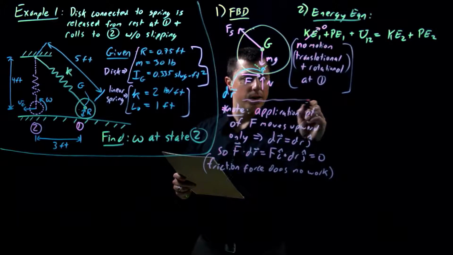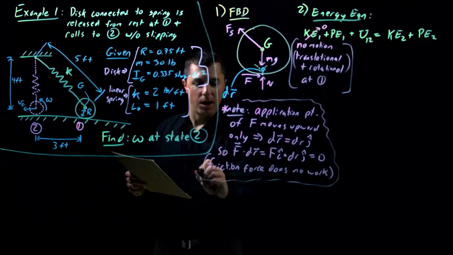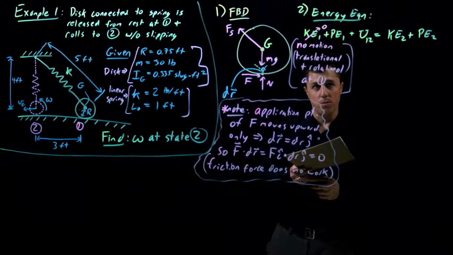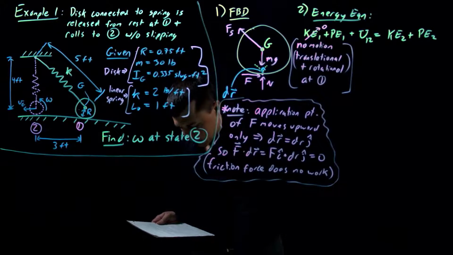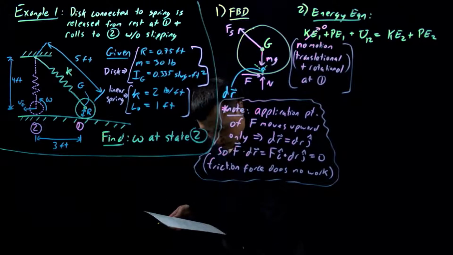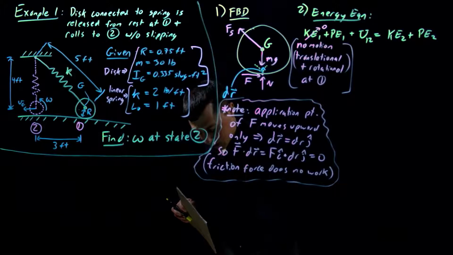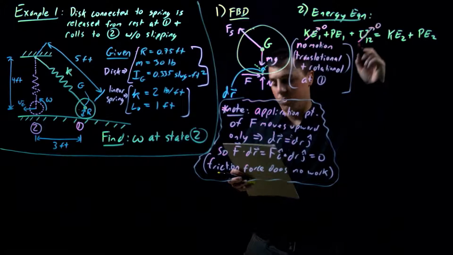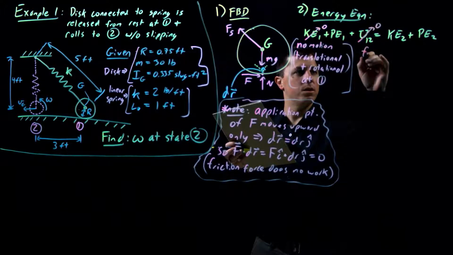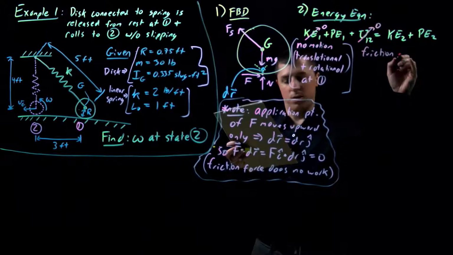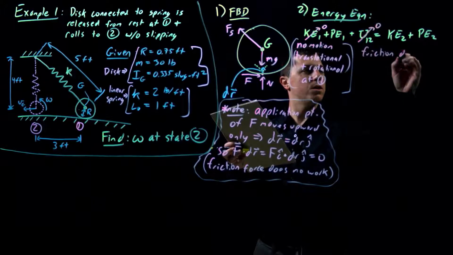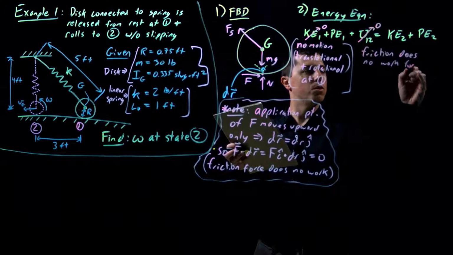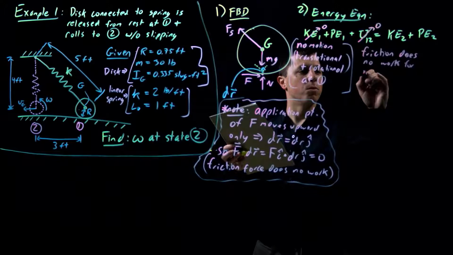Keep this in mind because we see these systems a lot. There's a friction force, it does no work. For our work-energy analysis, that's a convenient result. So that allows us to say this term is also 0. Friction does no work for an ideal rolling wheel.